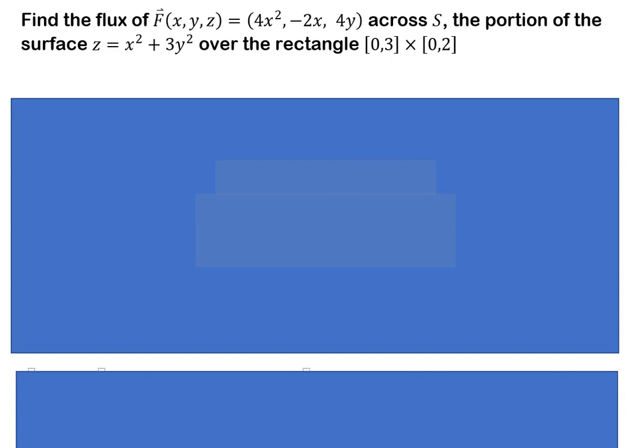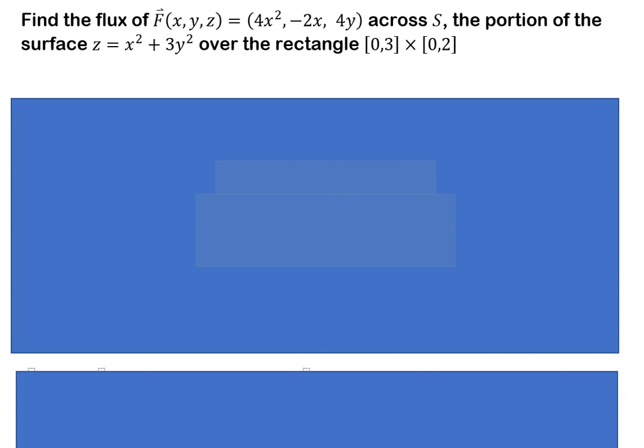In the previous video, we talked about the integral of a vector field across a surface, capital S. We saw the formula, and we compared it to the integral of a vector field over a curve.